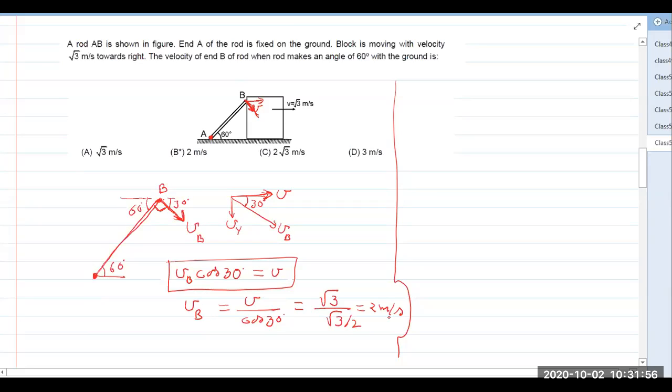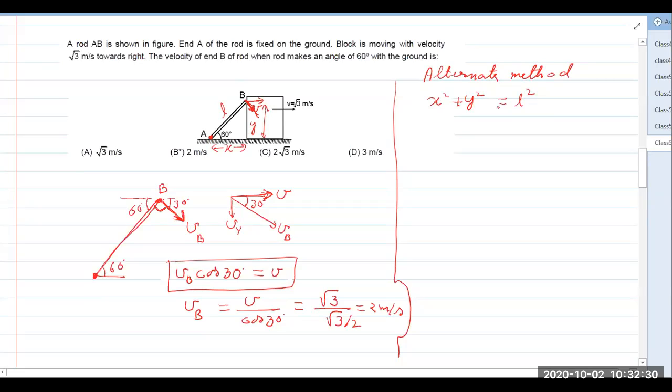Now we will see the other method, the alternate method. For this, consider this height as y and this distance as x. We will use the differentiation method, and suppose the length of the rod is L. So we can write x square plus y square equals L square, and L is fixed here.